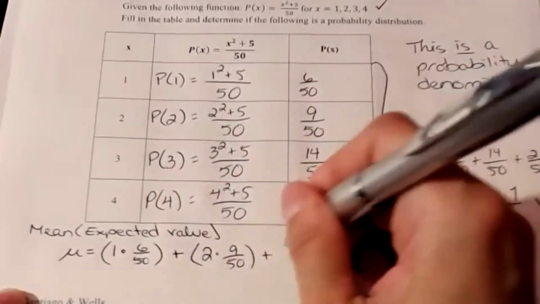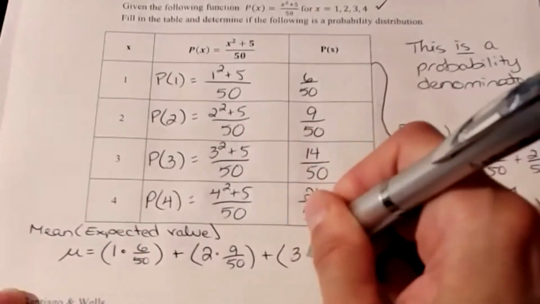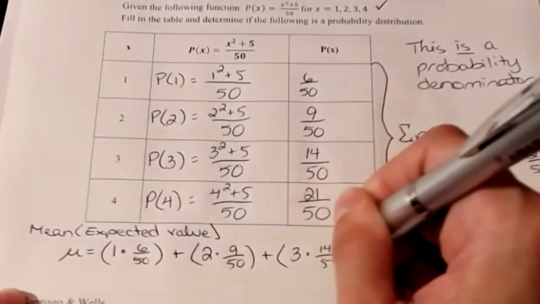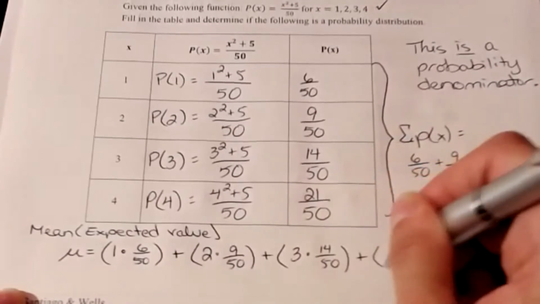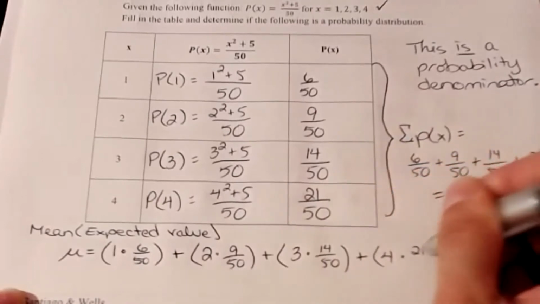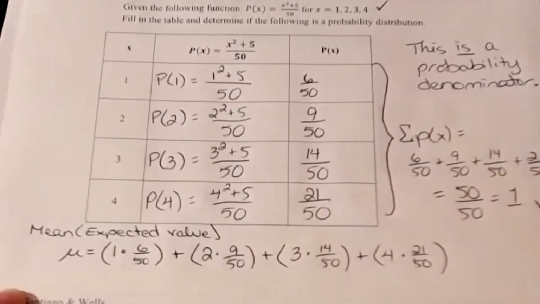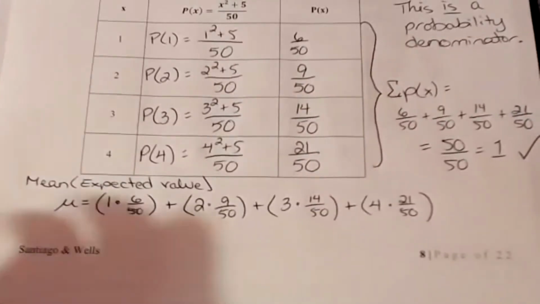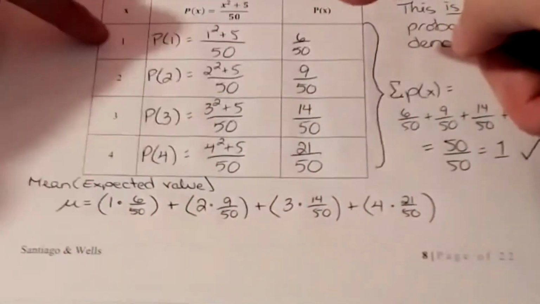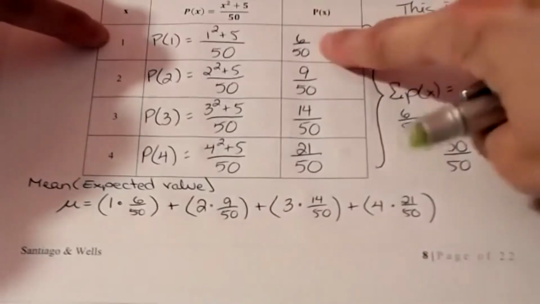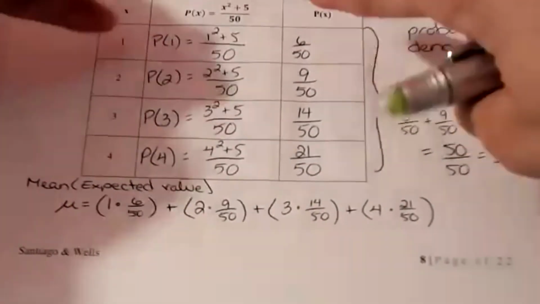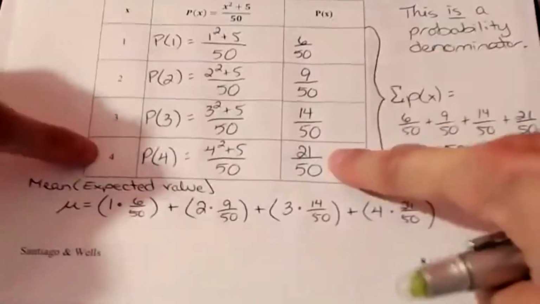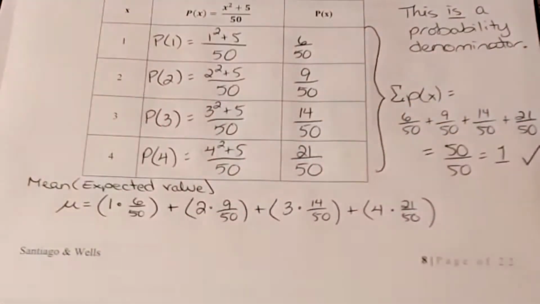You're going to continue this pattern. So we have 3 times 14 out of 50. And then we have 4 times 21 out of 50. Any questions on this equation so far? How you just matched the random variable value and its probability. Multiply, multiply, multiply, multiply. And then you add all of those up. So far, so good.